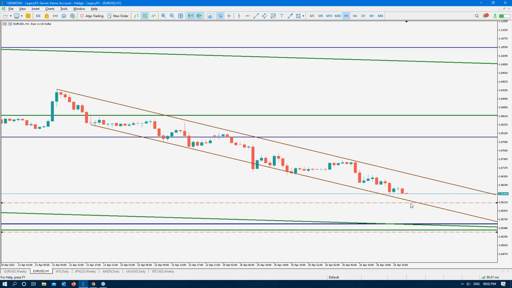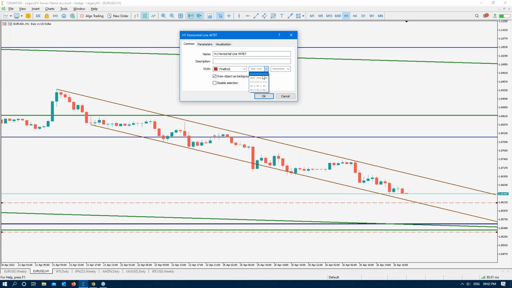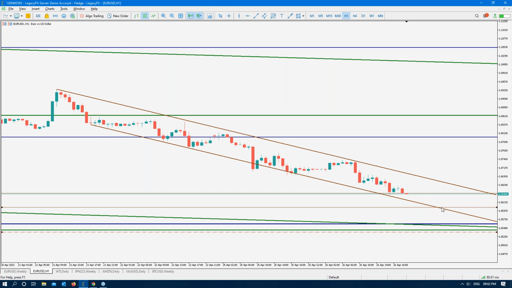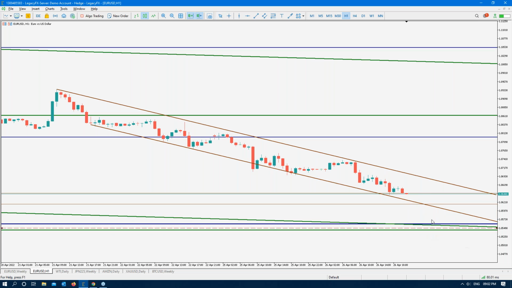I think there was another one somewhere over here. I'm not exactly sure, but I'm not going to calculate it again right now because we're running out of time. I think the next one was below us right here somewhere, and it was on the line right now. So I think this was a resistance, and the next one was like somewhere over here. So is it over here or is it over here?